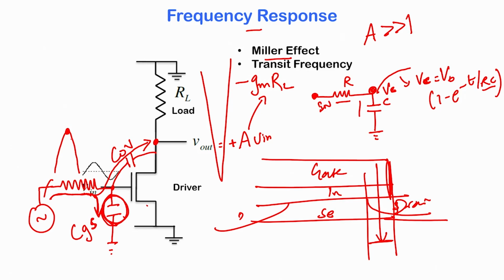And therefore, you can imagine this C overlap capacitor has got a voltage A times V in on one end and V in on the other end, and therefore, it is going to sink in a current.